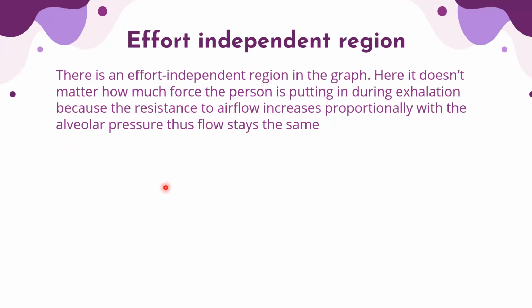If you want to think about it logically, if you try to breathe out as much as you can and as fast as you can, there will be a time where even if you are trying to force air out, you still can't, because you have reached a point where you can't put in more effort. And that is the effort-independent region. Here, effort doesn't matter, because resistance to airflow increases proportionally with alveolar pressure, so this flow stays the same. This is if you want to look at it in terms of scientific data.